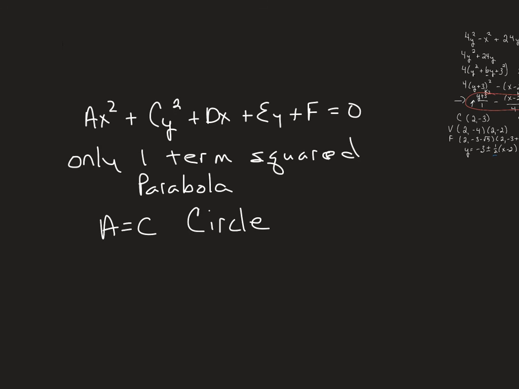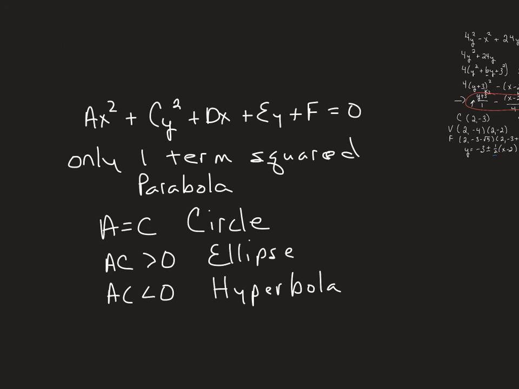If A times C is positive, you have an ellipse. But if A times C is negative, you have a hyperbola. Which makes sense because a hyperbola is the only one where you are subtracting one of the terms squared.